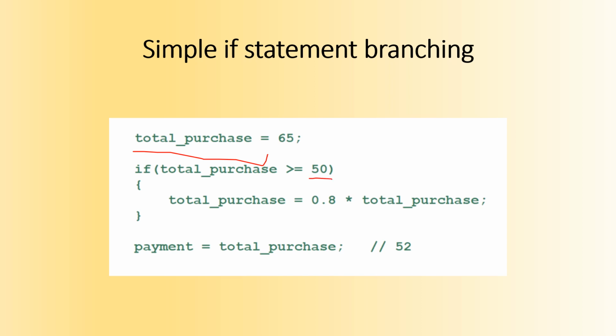So if it is indeed more than or equal to $50, we are reducing the total bill, which is total purchase, by 20% by making this computation. And finally, we make a payment of whatever the final value of total purchase is.